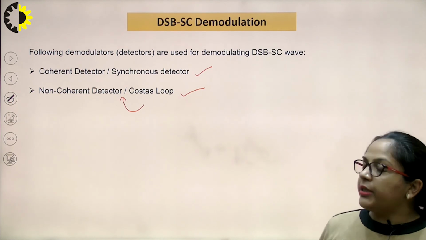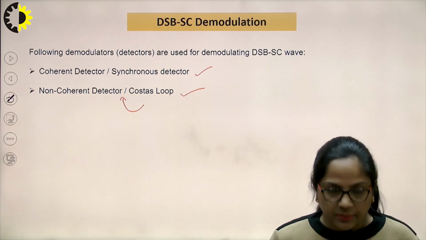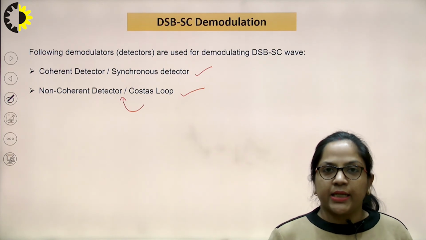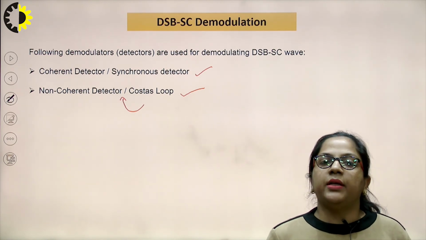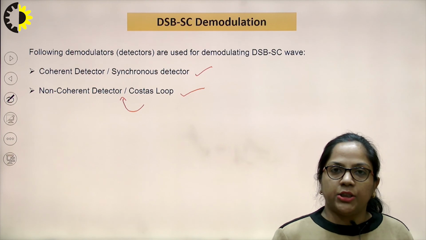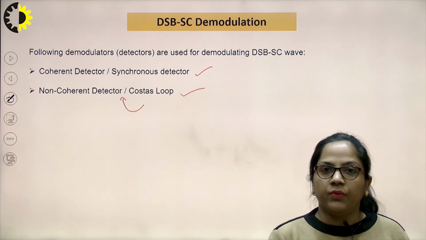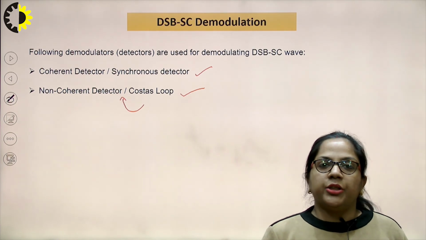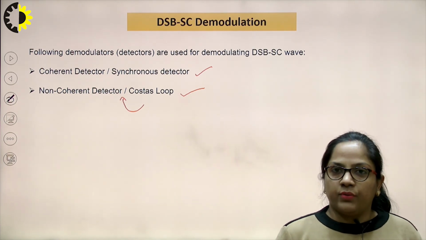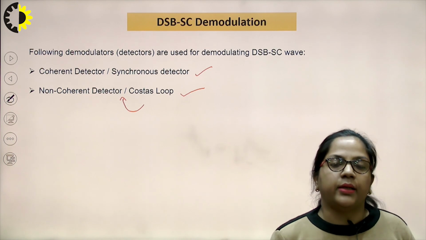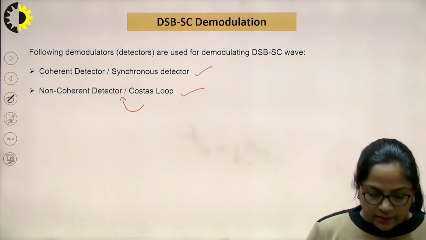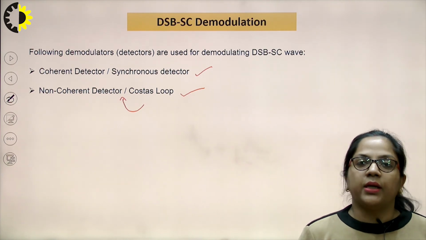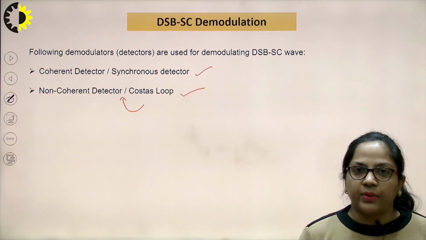The coherent detection and the synchronous detection of DSB-SC signal we will discuss in the next video lecture. In this video lecture, we have discussed the generation and the detection of conventional amplitude modulated waveform. The generation we have seen with the help of a square law modulator, that is a non-linear device. The detection of amplitude modulated waveform we have seen with the help of an envelope detector.